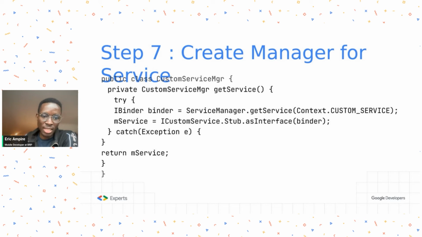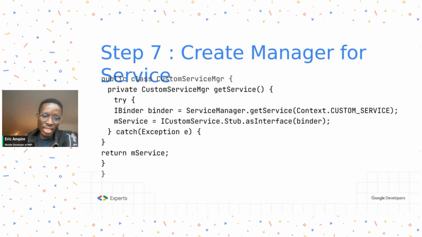And after that, I will just need to create a method. For example, here I can create a method getService, and use the service manager to get the service by its name, the name that I've provided previously. My service will already be registered to the service manager, so I can have access to it by using this method here.